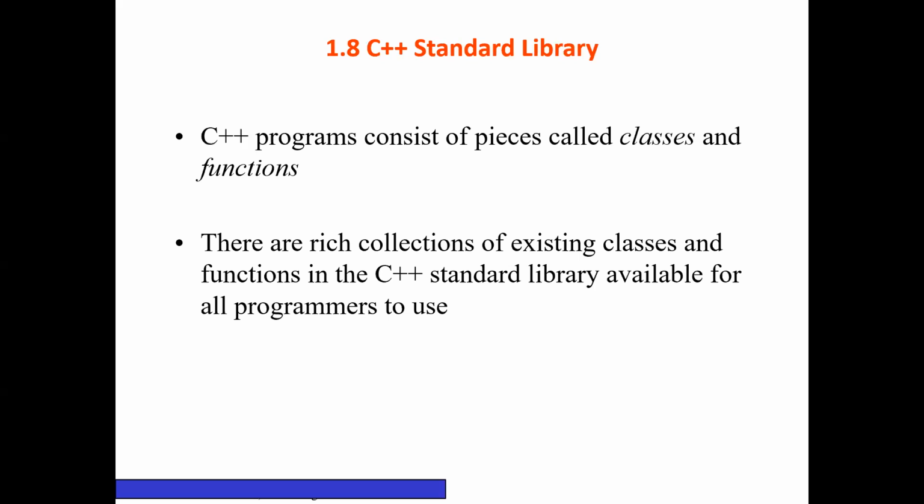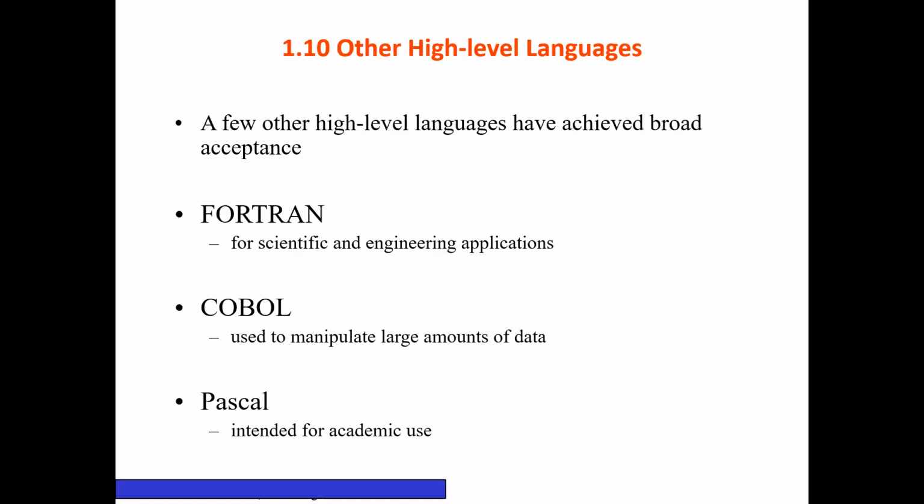For example, you have a lot of collections for handling strings, a combination of characters, and also you will have many built-in functions available in C++ for managing mathematical operations like sine, cos, tan, etc. So you can use all these built-in functions in your programs so that it will be easier for you to program.